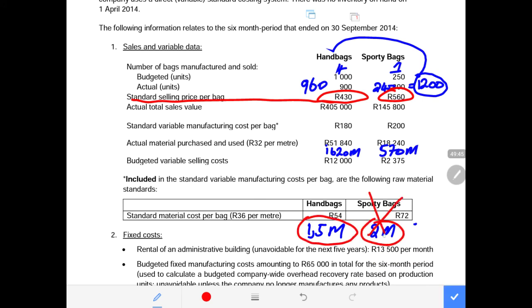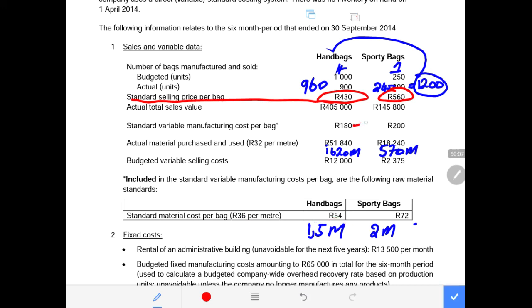Remember, this is discontinued. So what will decrease is the material per meter, and we know that this 54 rand is included in there. So we need to remove this 54 rand because it will decrease. Remember, the cost per meter on standard remains the same, but the requirement per meter will change.